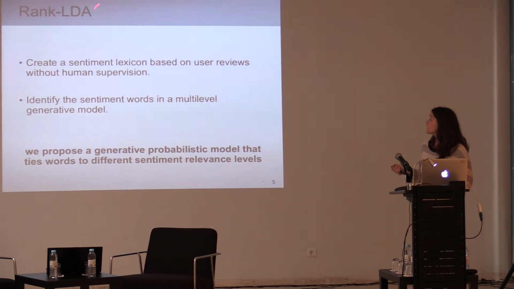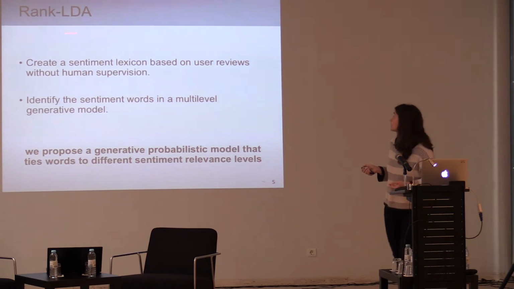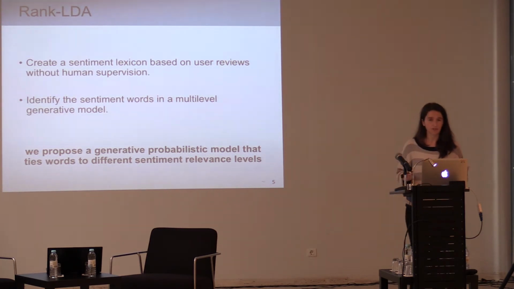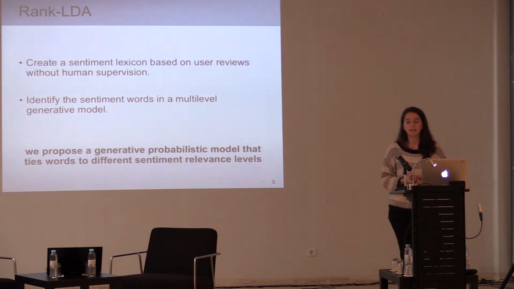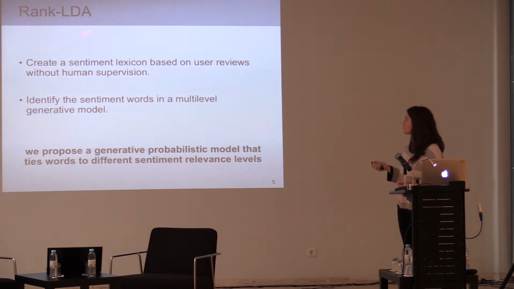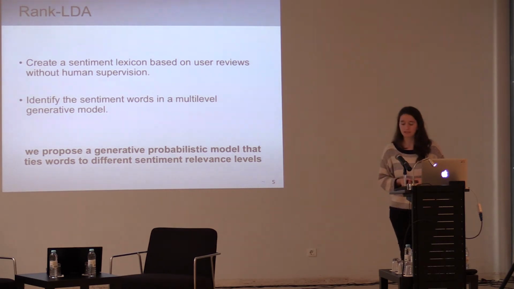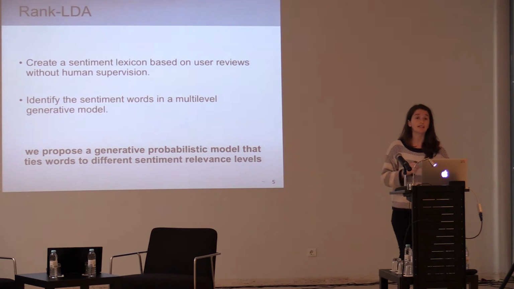It is based on the LDA algorithm, which is latent Dirichlet allocation. This algorithm is very well known in topic classification, in the sense that it's able to detect words that are highly important to a specific domain. And one of the advantages of this algorithm is that it does not require any manual annotation.